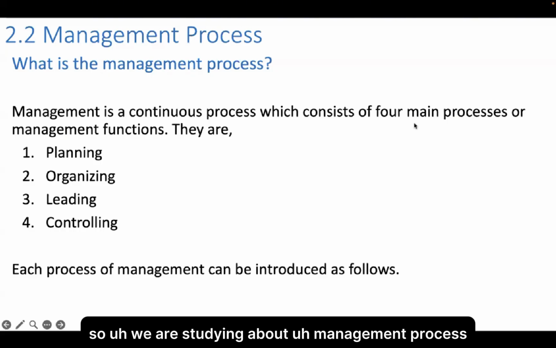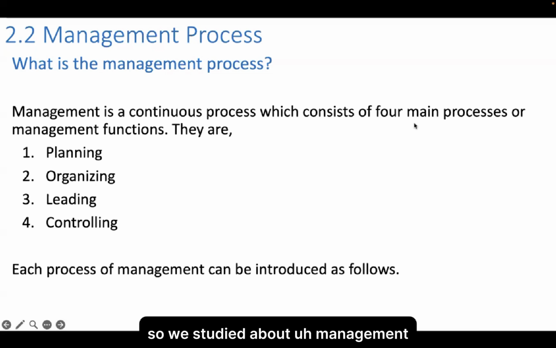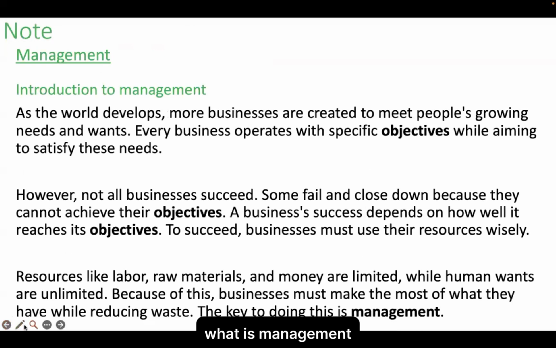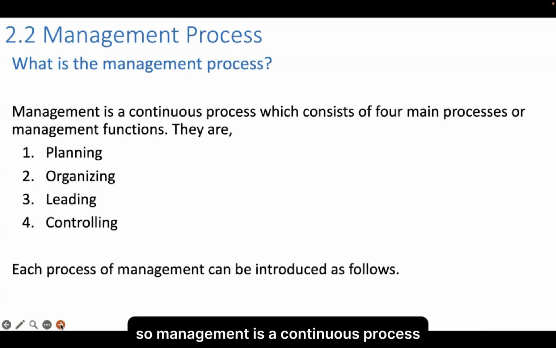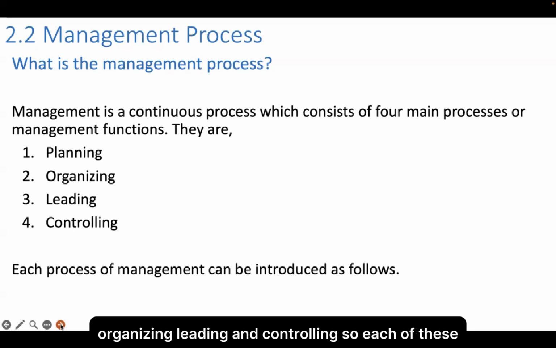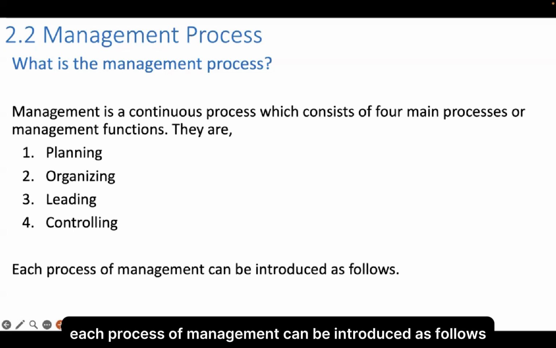So we are studying the management process. We studied what management is, and now we are studying the management process. Management is a continuous process which has mainly four processes, or four main functions: planning, organizing, leading, and controlling. Each process of management can be introduced as follows.